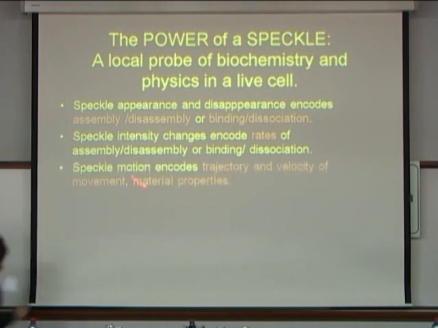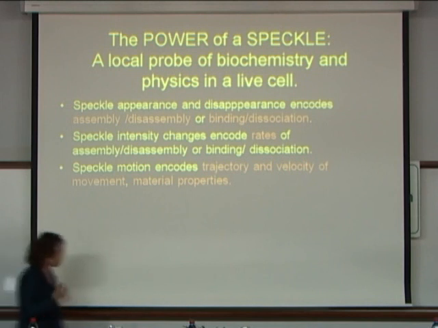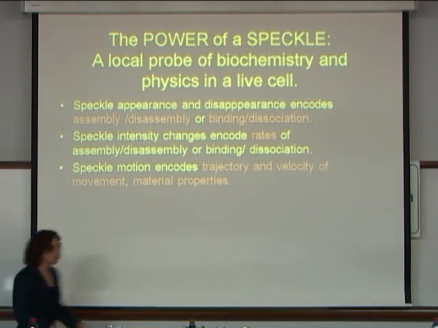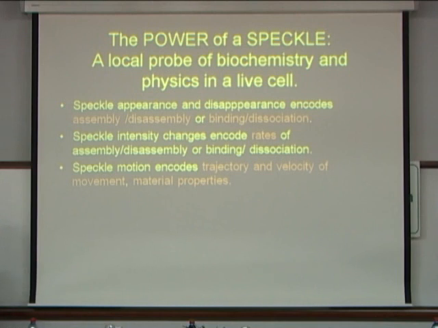The physics comes from the motion. The motion of the speckles encodes trajectories and velocities, and thermally induced fluctuations. If you track the thermally induced fluctuations of these speckles, it can actually tell you about the viscoelasticity of the material.